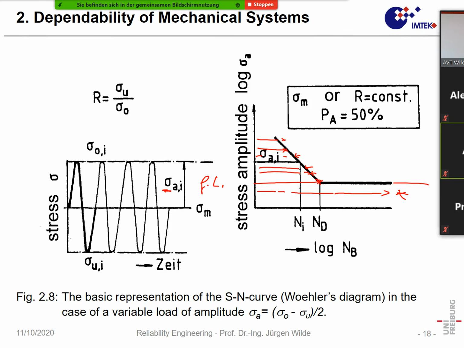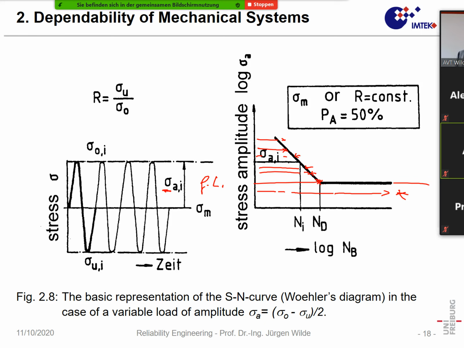A rule of thumb is you need at least 7 to 10 test specimens, and then you get a first preliminary idea of the behavior. What is also important is the scatter is significant.